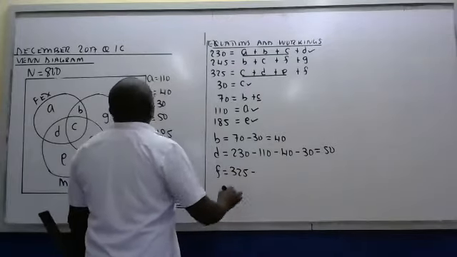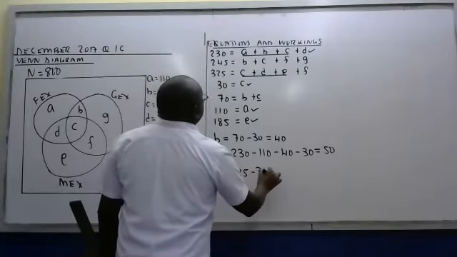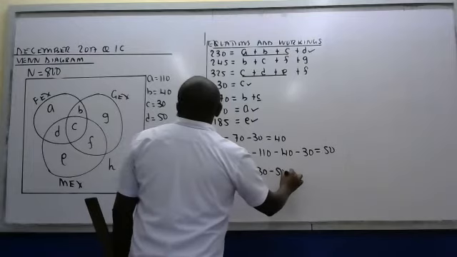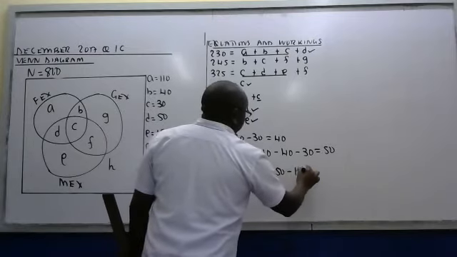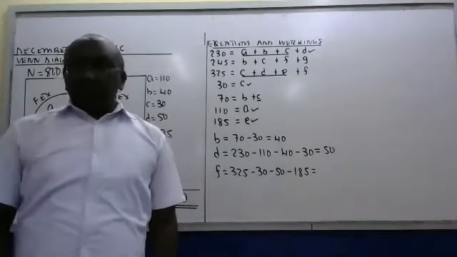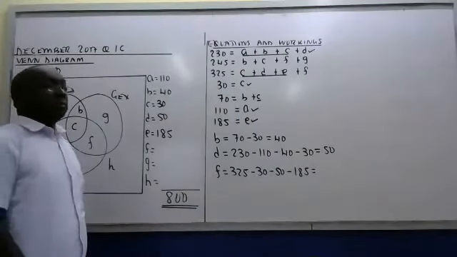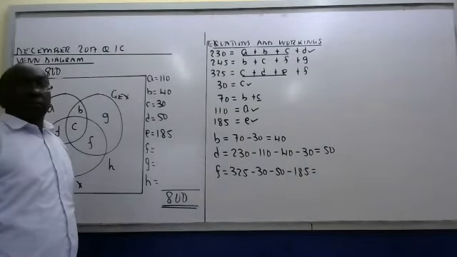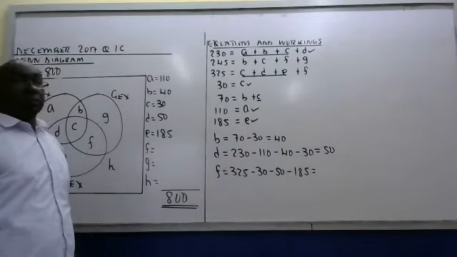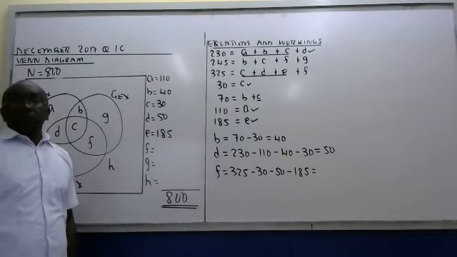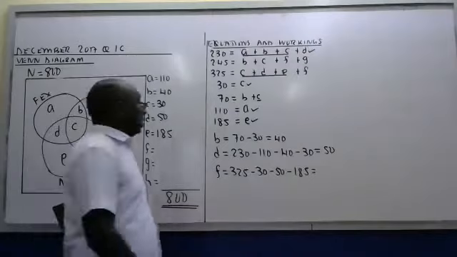325 minus C, which is 30, minus E, which is 50, minus E, 185. 60.